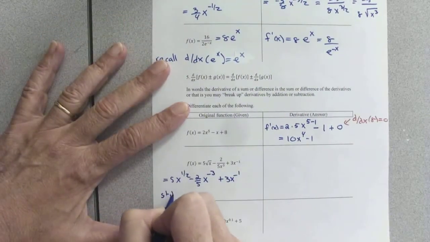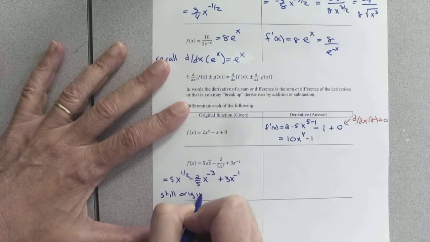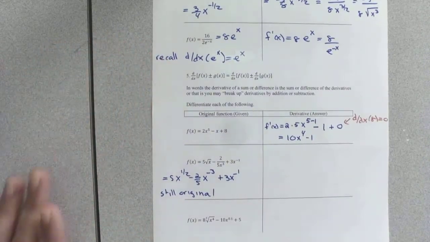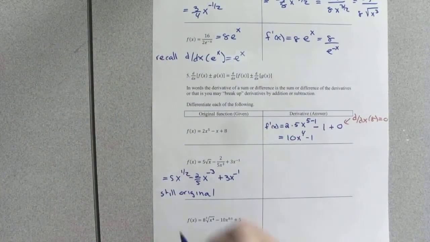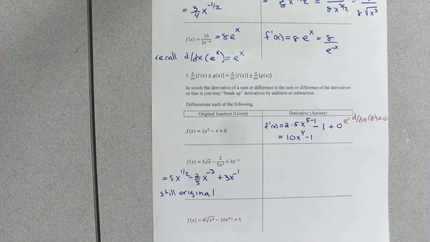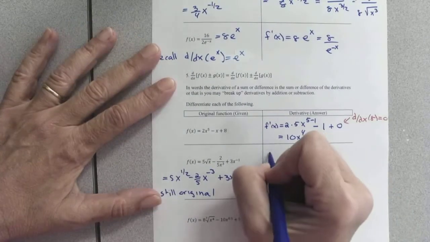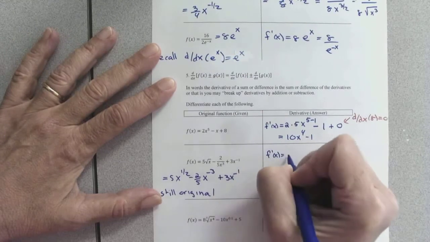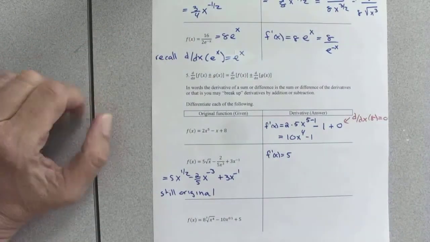And that is still the original. I haven't done any calculus. And a common mistake is people will simplify their original functions, and they'll have this feeling that they've done enough, and so they stop. Be sure you actually do the calculus. So now doing the derivative, the 5 just hangs out.